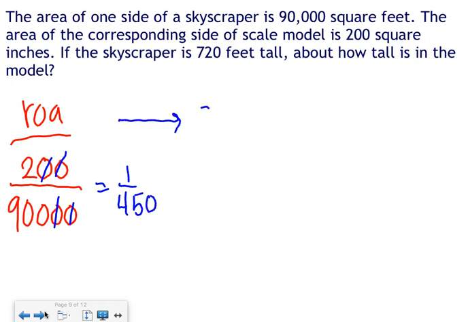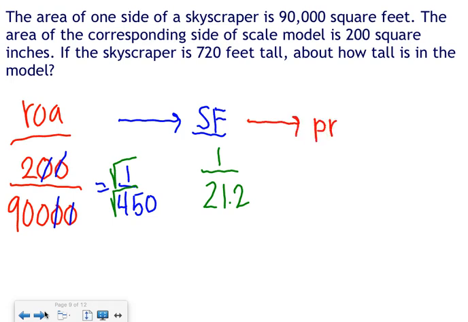Now we want to get to our scale factor. So what do we have to do? Square root. What is that? 22.5. I got 21.2. Oh, I just guessed it. Okay. And then set up your proportion.